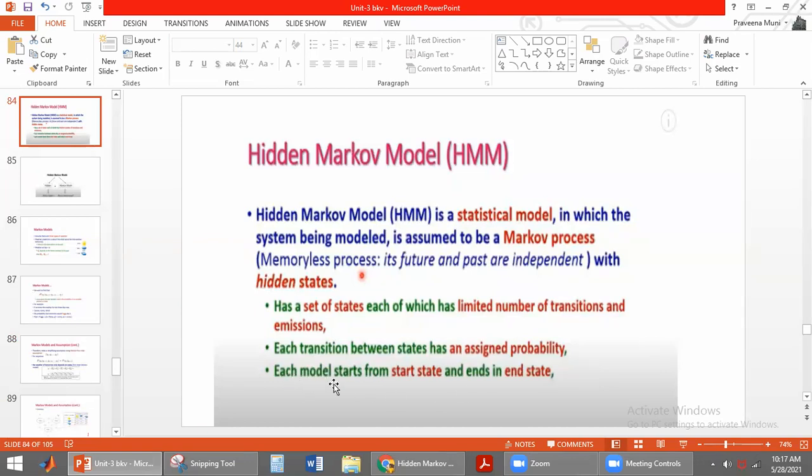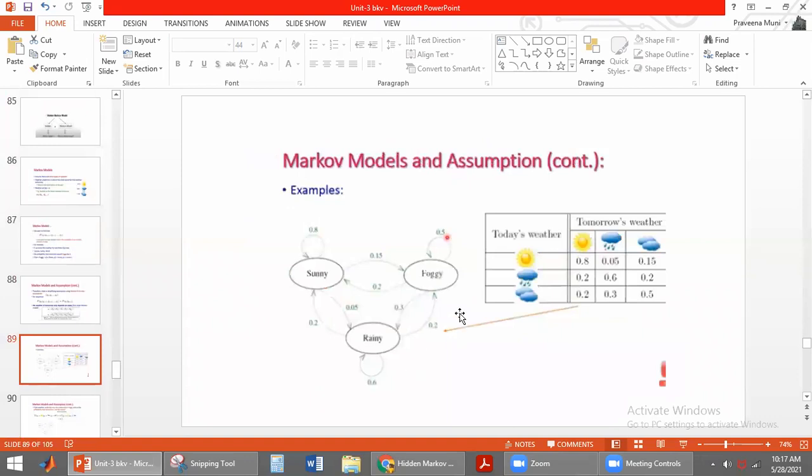Each model starts from a start state and ends in an end state. These are the three conditions we have discussed. In this slide you have three states, and these are the defined transition models. This is the evidence variable: today's weather is the evidence variable. And these are the hidden variables. We are finding the weather of tomorrow.